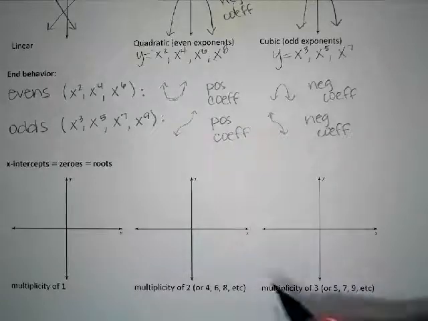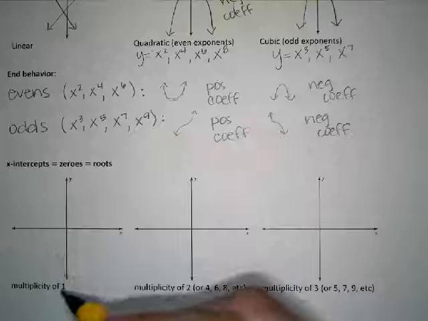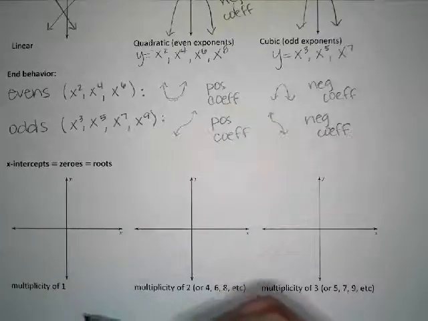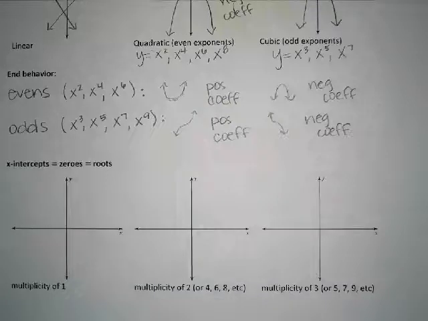All right, and we talked about this on Friday. We talked about multiplicity, and multiplicity is just how many times that answer happened when you write the equation.